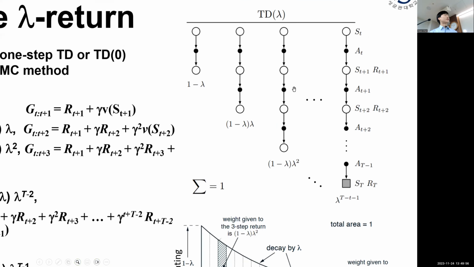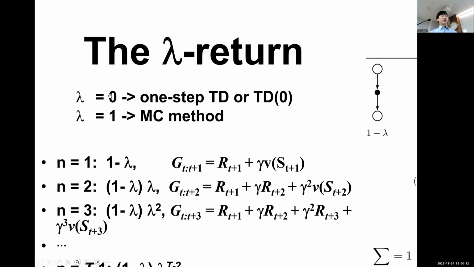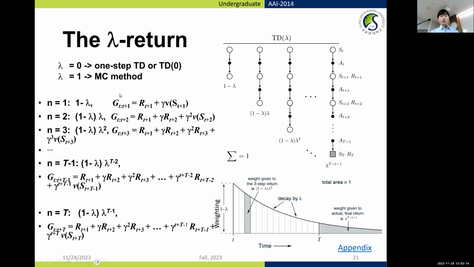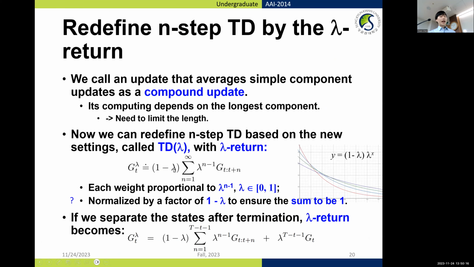Okay, TD lambda. So this is one-step TD, two-step TD, three-step, until the terminal state. If lambda equals 0, going back to the previous one, then the coefficient equals 1 and the rest is 0, right?